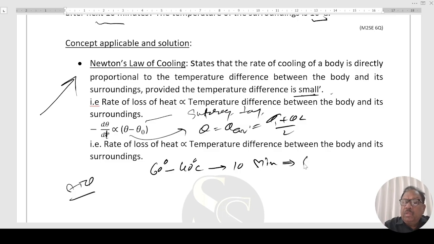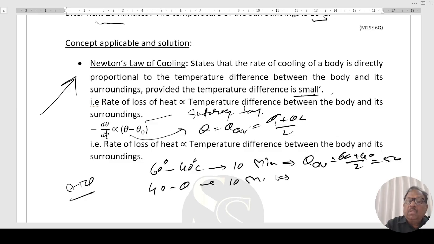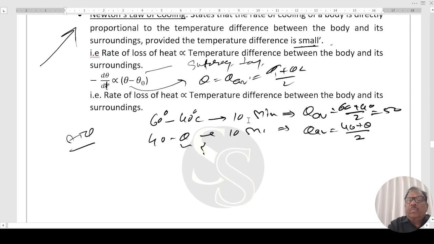Theta average is 60 plus 40 divided by 2, that is 50. Then 40 minus theta in 10 minutes, theta is to be found. Theta average will be 40 plus theta divided by 2. This is the average. Now theta naught is given to you, 10 degrees centigrade.